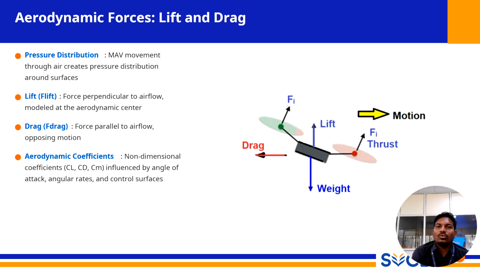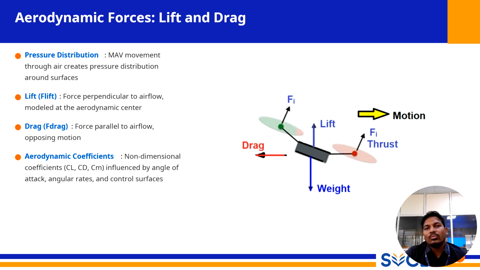In addition to the force of gravity and the propulsion, we must also consider the forces that are generated by the MAV interacting with the air itself. These are the aerodynamic forces, and this slide focuses on two primary components, lift and drag. The origin of all aerodynamic force is the same.